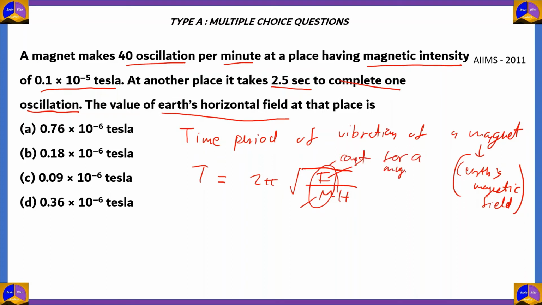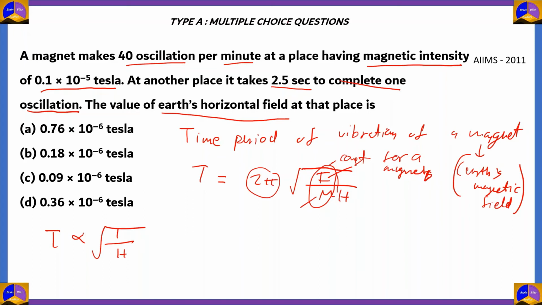So if we are using the same magnet for two different scenarios, I and m will be constant. 2 pi is already a constant. So that leaves us with the relation time is proportional to the root of 1 by H. So time is inversely proportional to the square root of magnetic intensity.